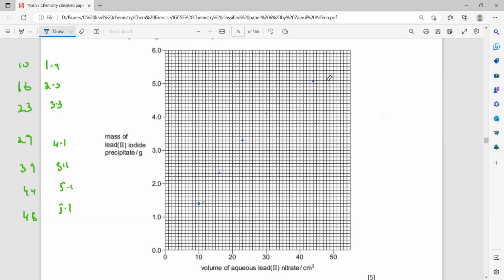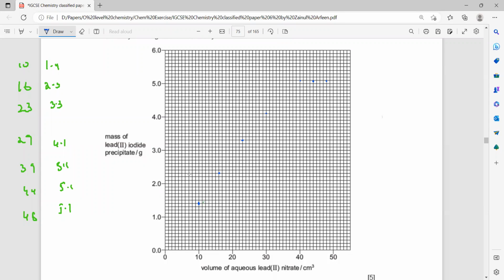And 39 and 5.1 is also there. So these are the points.